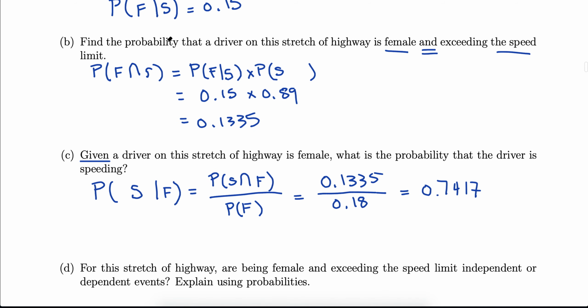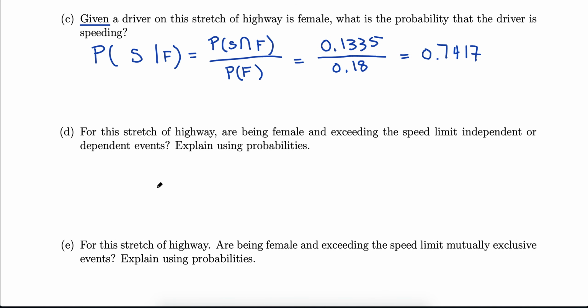Female given speeding. So first write down what we're checking here. Female given speeding. And if they're independent, I want to see if that guy is equal to probability of female. Remember, our rule says the probability of female is the same with and without the given information. It's independent of it, makes no difference.